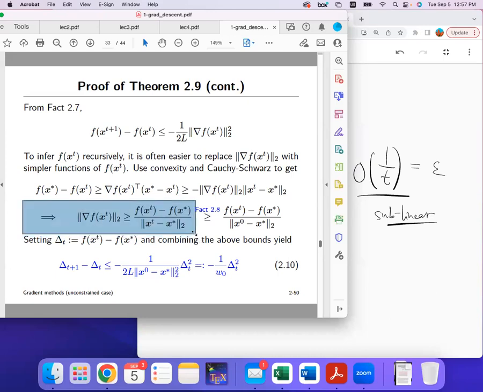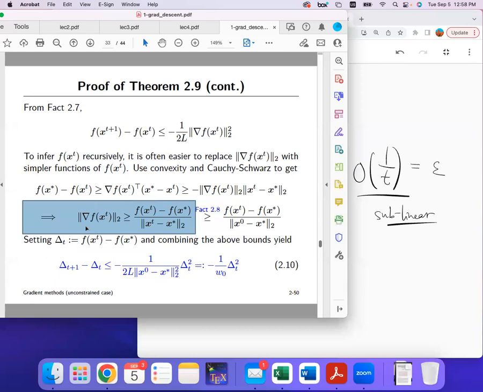Okay. Let's rearrange the terms. We get a lower bound for the norm of the gradient. And you can see this inequality connects the gradient of your function at time t to the distance, or the gap, to the minimizer, right?